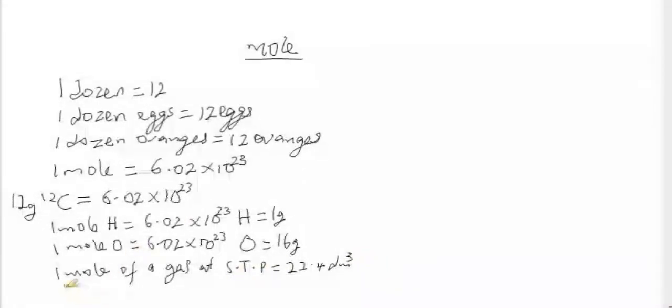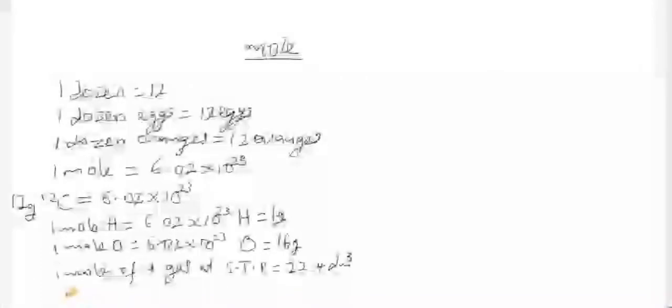As far as it is a gas, 1 mole of the gas must definitely occupy this volume. Now, knowing this very well, we'll be able to solve so many questions on Avogadro's constant and on mole.